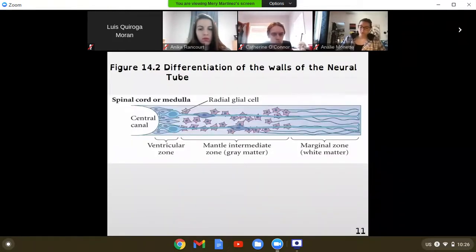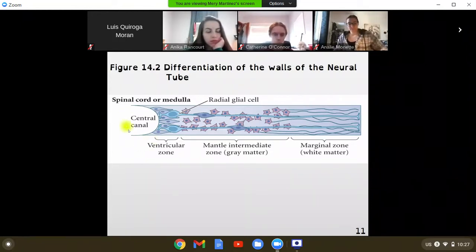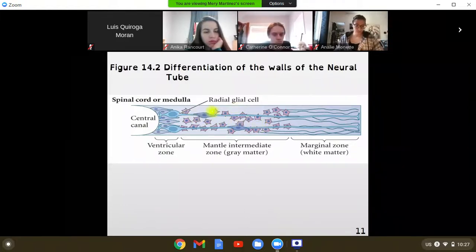So depending on the level at which we're talking about or discussing, the hierarchy will vary a little bit. So the genesis of these differentiated zones starts with that ventricular zone, so the closer to the canal, to the neural tube, will continue migration of cells and layers formation, as we can see in here, until they form the mantle or the intermediate zone.